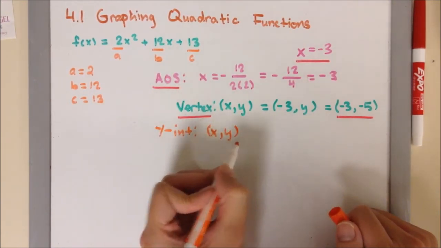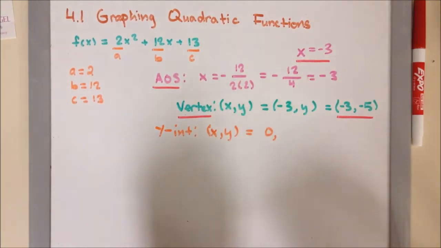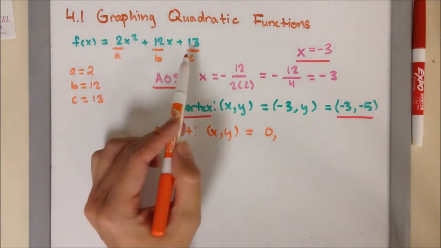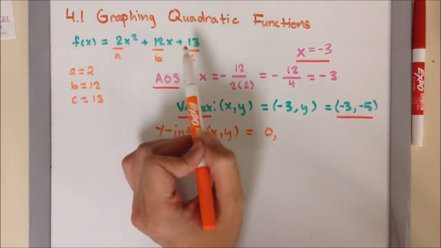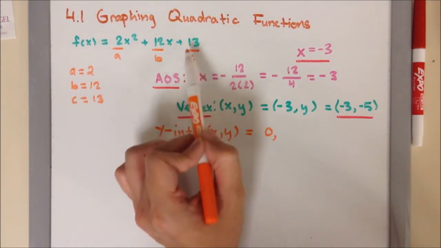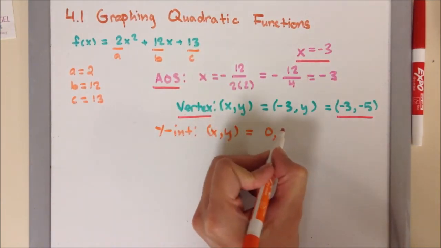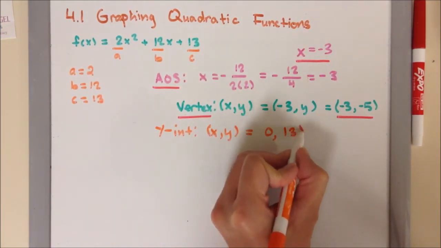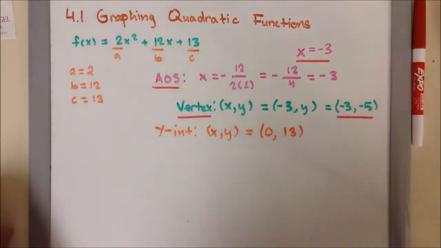And I stated in the previous video that x is always 0. Now, in the previous video, I said that you would have to plug in 0 for all the x's in order to find a y-intercept. But the fastest way is the y-intercept is always the c value. So our y-intercept is going to be at 0, 13. That's all you have to do for a y-intercept.